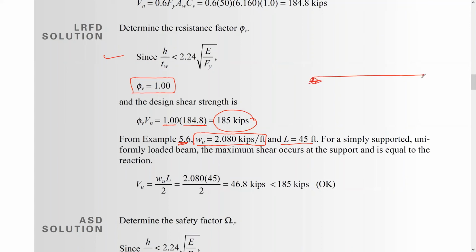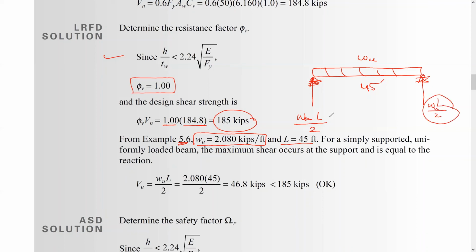The simply supported beam is loaded with the distributed load Wu, which is the factored one here. As you know, the maximum shear will be at the supports, and it is the distributed load times L divided by 2.